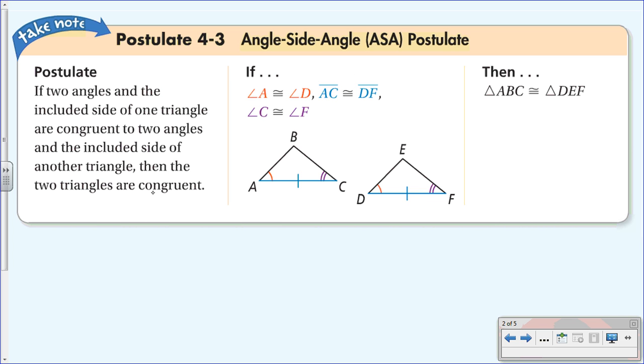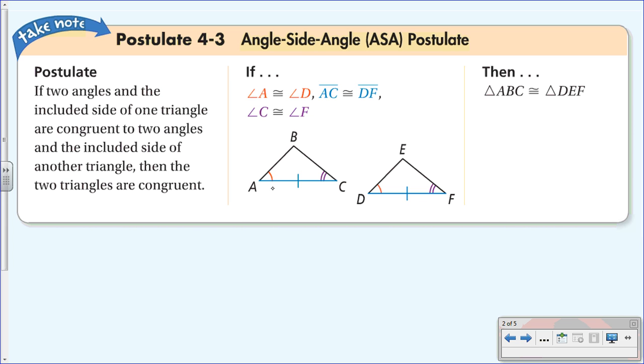So the postulate in words says, if two angles and the included side of one triangle are congruent to two angles and the included side from another triangle, then the two triangles are congruent. Here's a graphical representation of that. We have two triangles here, ABC and DEF.